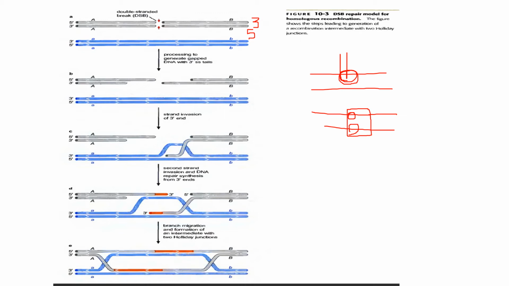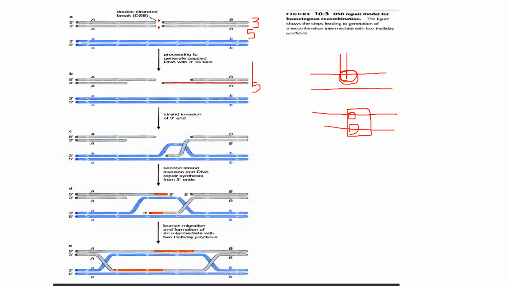I would like to show you where the 3 prime single stranded tail is. See, this is the 5 prime end. I'm talking about the lower strand, and that is the 5 prime end, and I'm moving towards the 3 prime end.